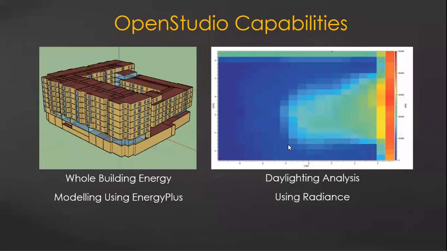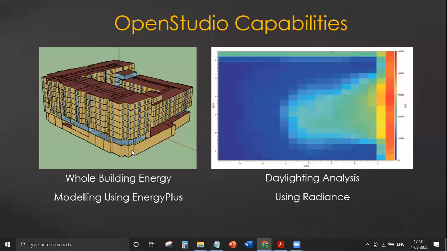I have been using Open Studio since 2014, and I am an architect. The positive point that I see of Open Studio is that, one, it has a plugin for SketchUp, so you can easily model building geometry.